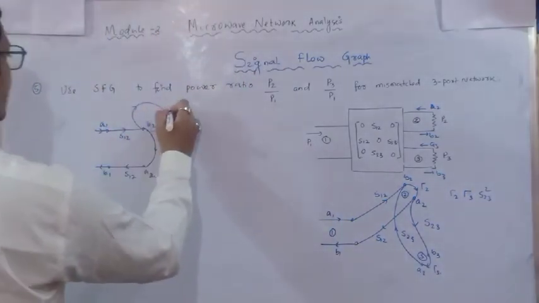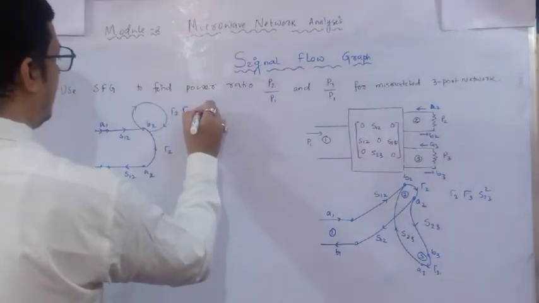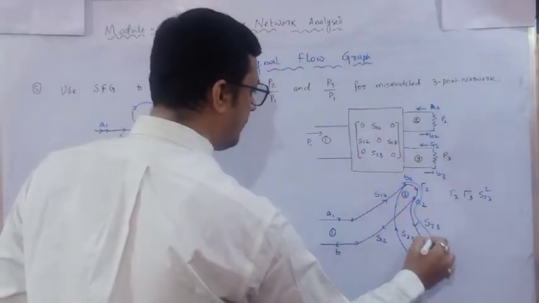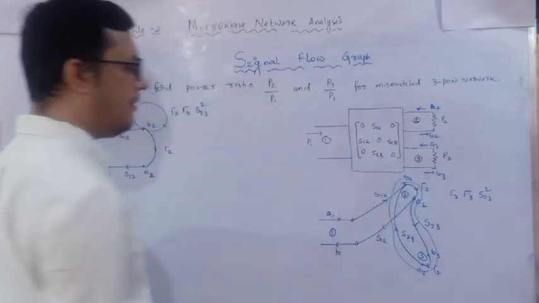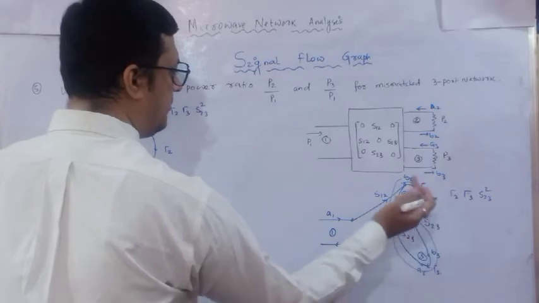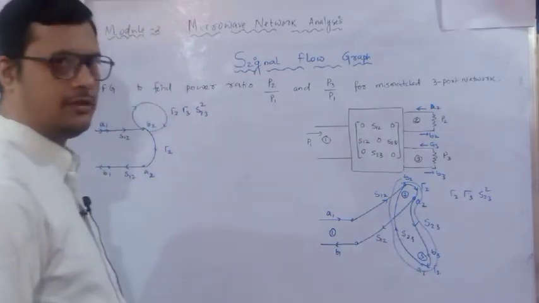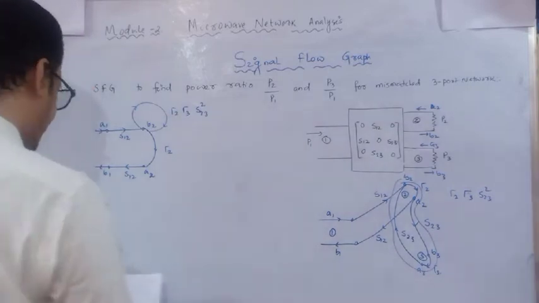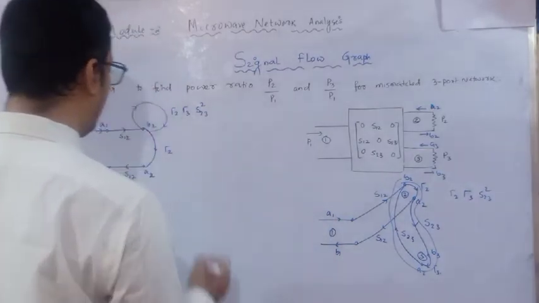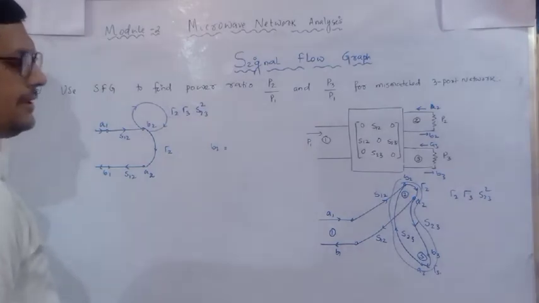So here I will write reflection coefficient 2, reflection coefficient 3 and S23 square, because now we are considering this self loop. This is the loop which is connected to B2. So this is reflection coefficient 2 multiplied with S23, reflection coefficient 3 multiplied with S23. So that I have identified. Now next, from this figure I can write how we have identified this value.